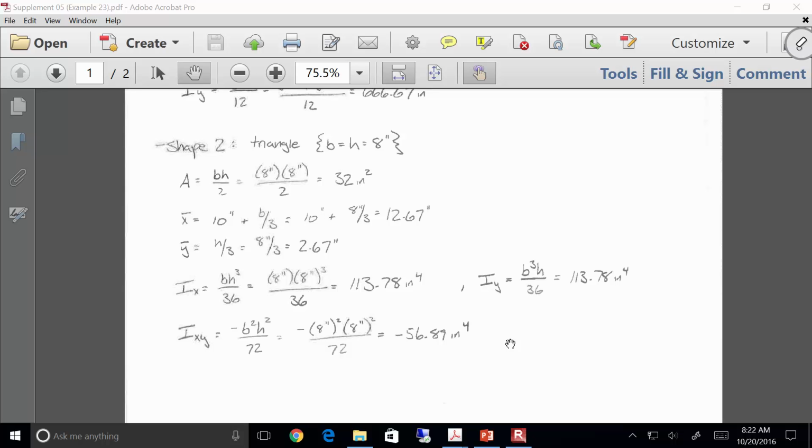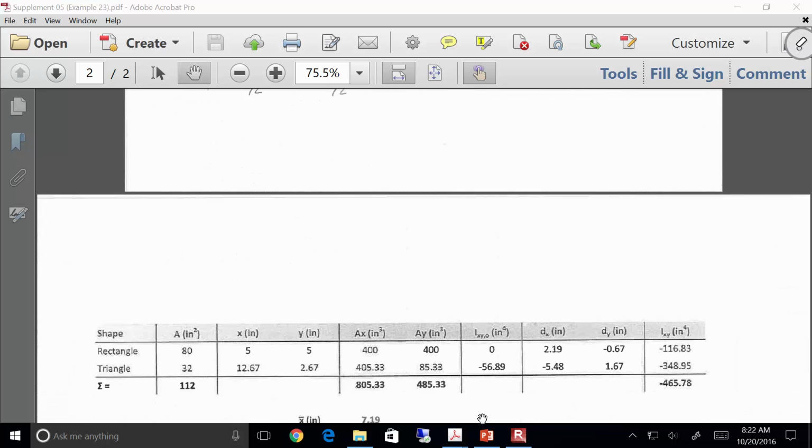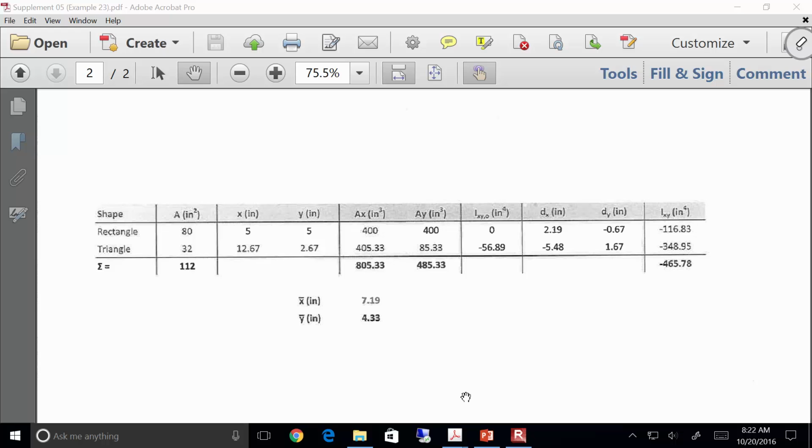So here's the long and short of it. So we have our rectangle. Here's the area. The rectangle's 80, triangle's 32, so the area is 112. Here's this and this. Yeah, that one's wrong. That should be 4, so bear with me on that. So here's our moment arms. We calculate the centroid from the x and y axes, so there's what we get.